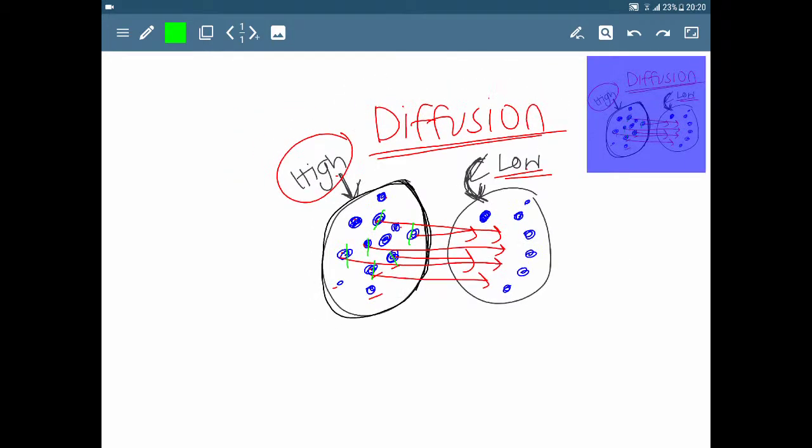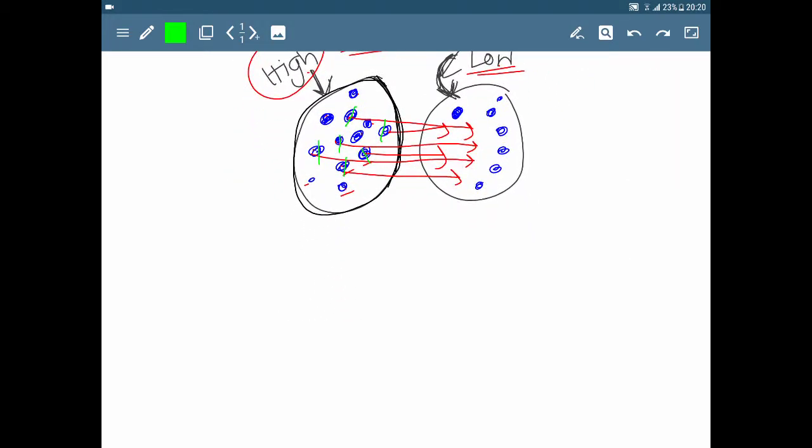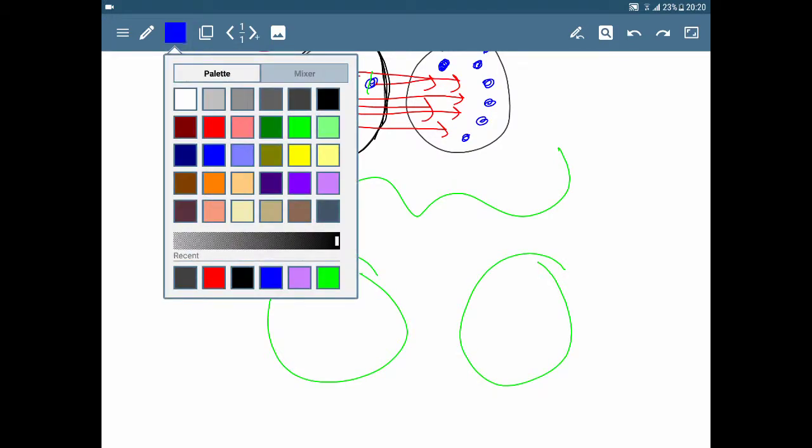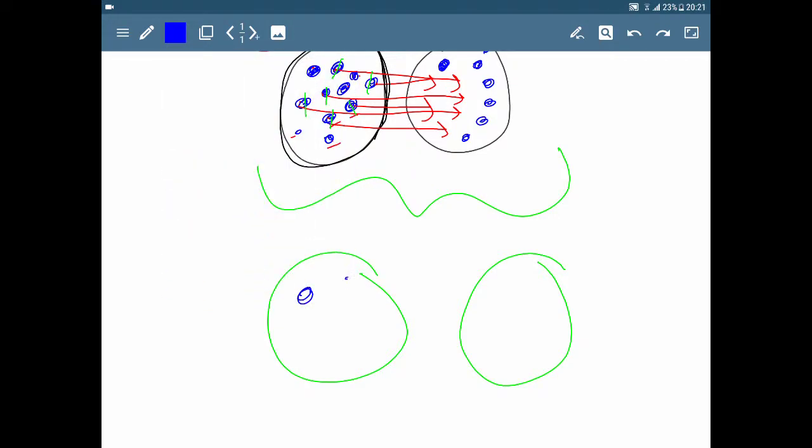So now these two cells are going to look like this. 3, 4, 5, 6, and this is going to have also 6. So this is going to have 6 and this is going to have 6.